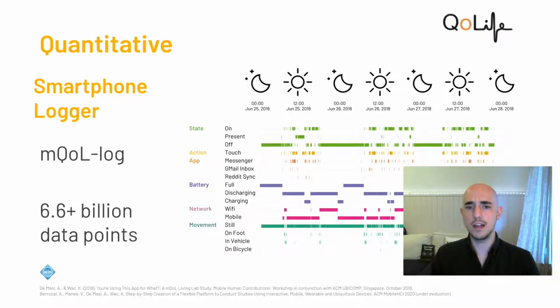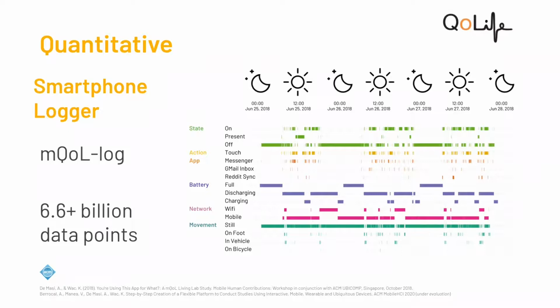For example, as you can see in green on the first line, we are looking at the screen, what exactly is happening on the screen of the device of the study participant, what application is getting used, what is the status of the battery, is it charging, is it discharging, what is the network connection. We can learn a lot about the mobility of someone by looking at what network they are connected with, and also the movement of the participant, so the type of activity that they are doing. Are they on foot, are they still, etc.